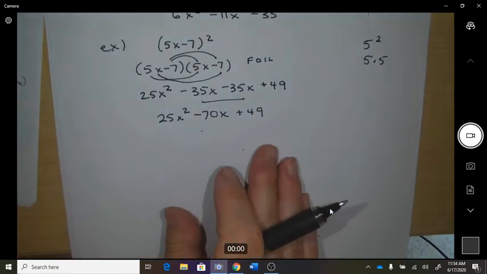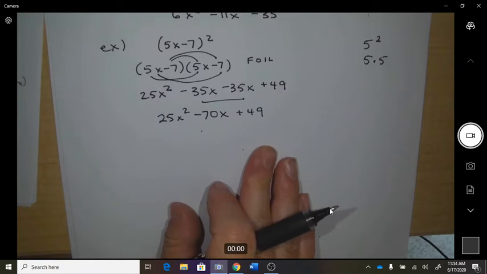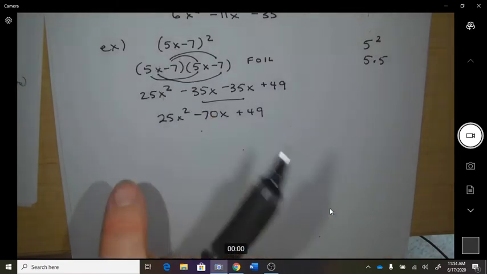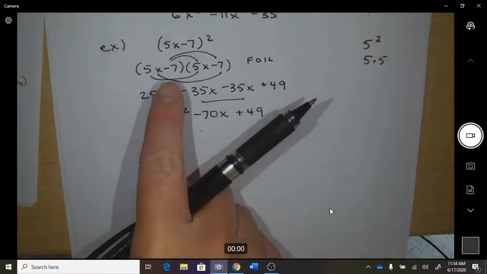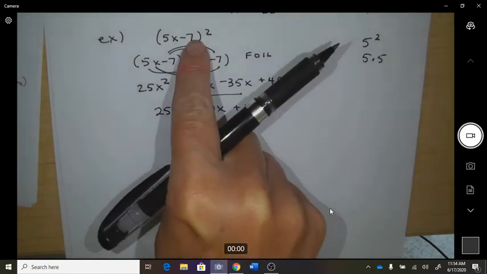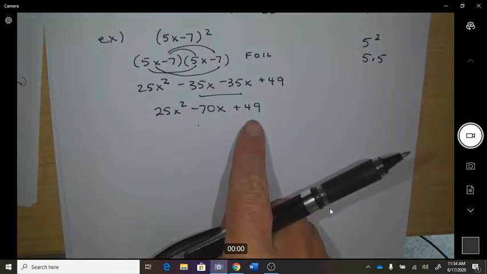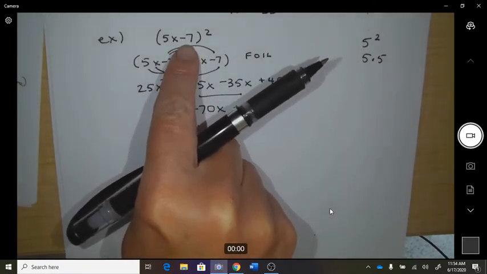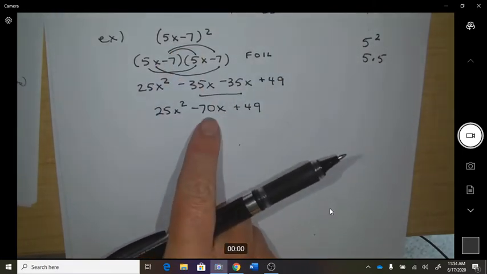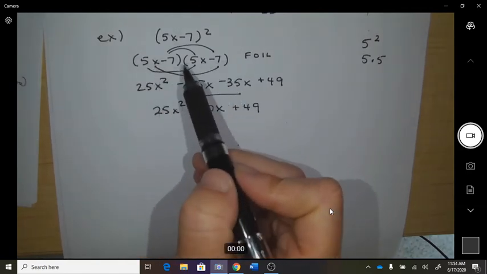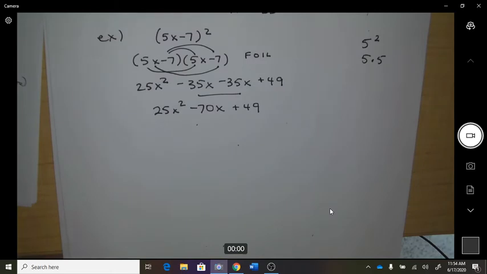So you can see, if you do a bunch of these, you'll see a pattern and prediction that this is always going to be this term squared, and this is this term squared, and then the middle term is always those two things times each other and then doubled. You see why it's doubled? You have an outside and an inside, and it's always going to double on these.